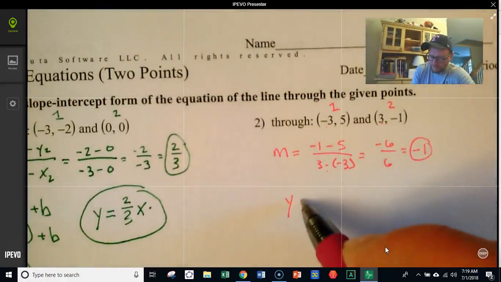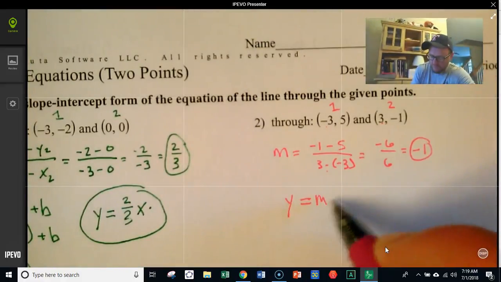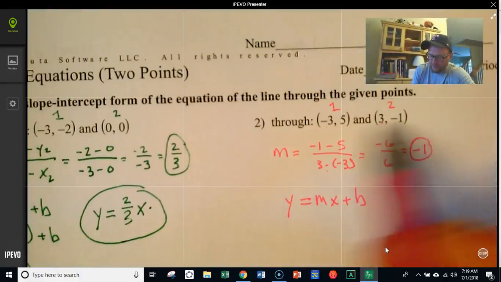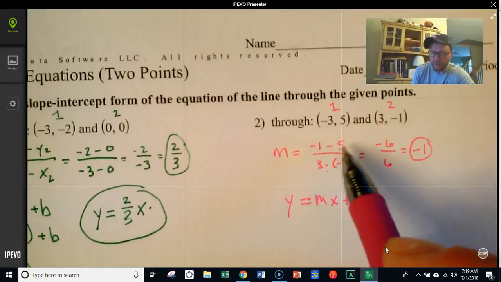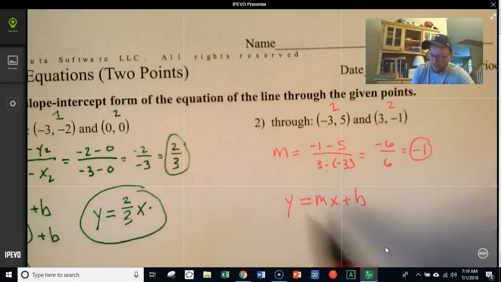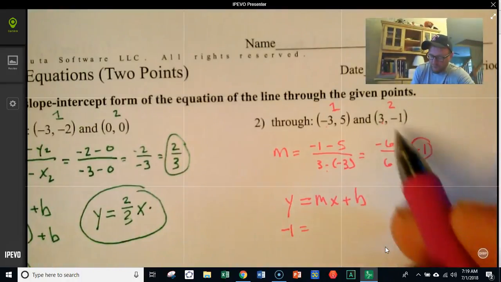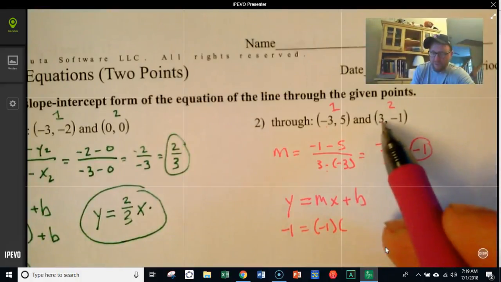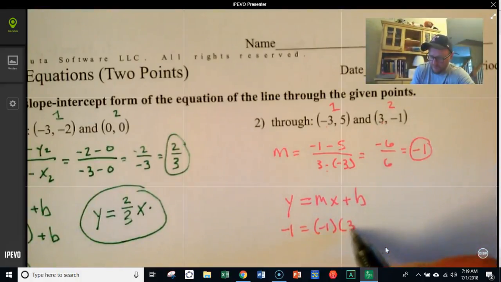Now, y equals mx plus b. I'll fill everything in. It doesn't matter which point I use for this; I'll use this one over here. So our y is negative 1, our slope is negative 1, and our x coordinate is 3, and then plus b.